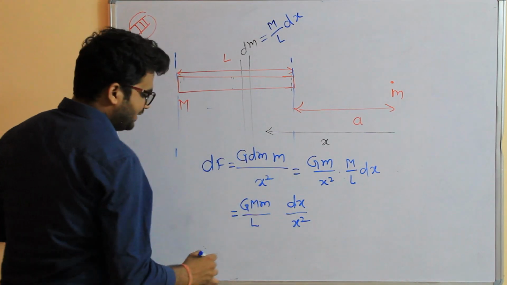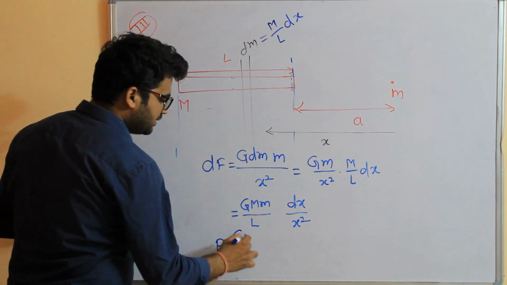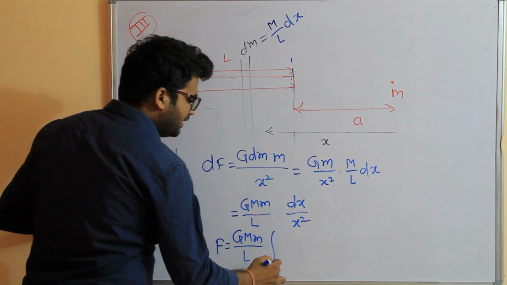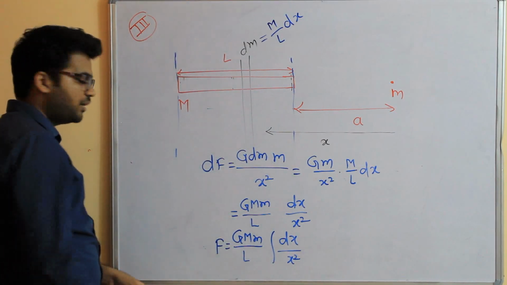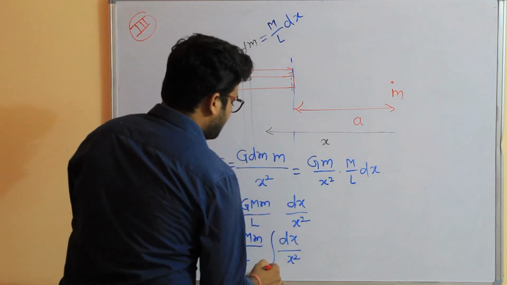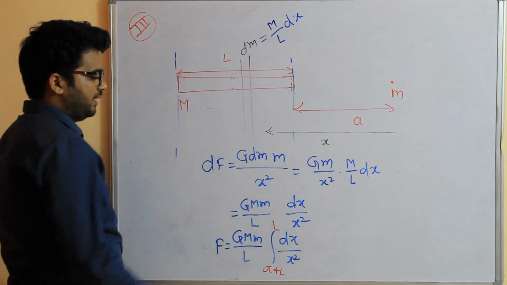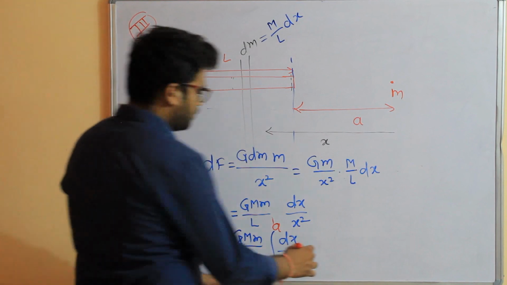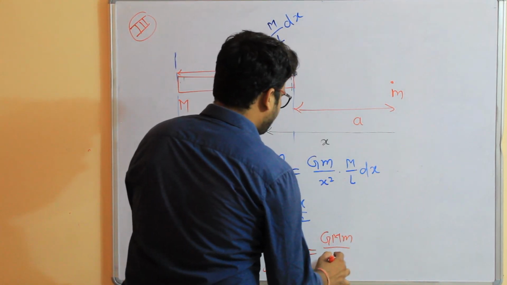Integration of dF is F, the total force, which is equal to G capital M small m divided by L, integral dx by x square, and we integrate it from a plus capital L to a, right?